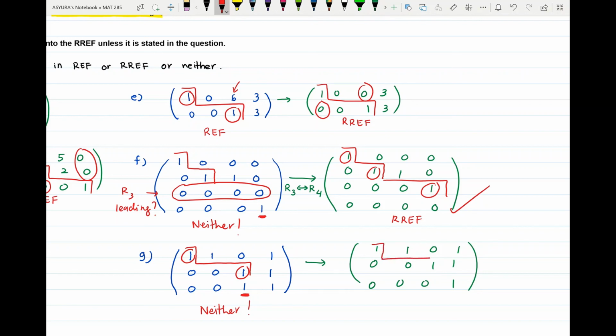This is your REF: one leading 1 in each row, and below your leading 1 we have 0. Then if you want to reduce into RREF, you have to make this one 0.